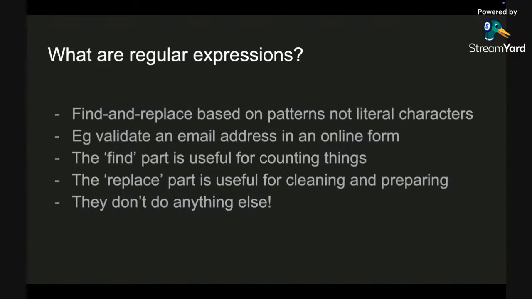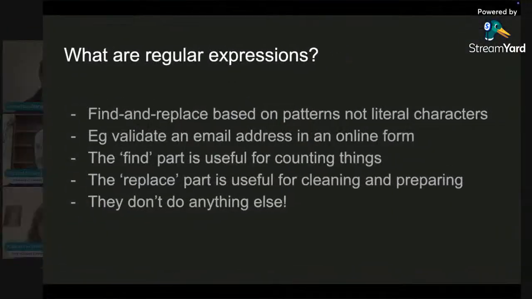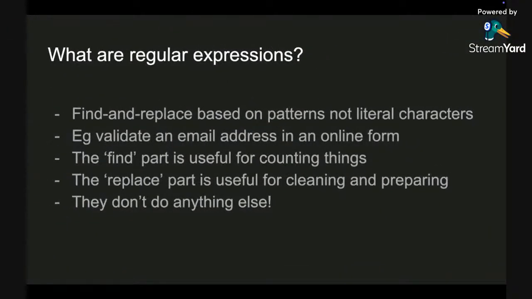The find part, and Katie was alluding to this a minute ago, is very useful for counting occurrences of things which may vary within a text or set of texts, but where you roughly know what the patterns of the variation might be. The other thing you can do is find things that come after other things or before other things.